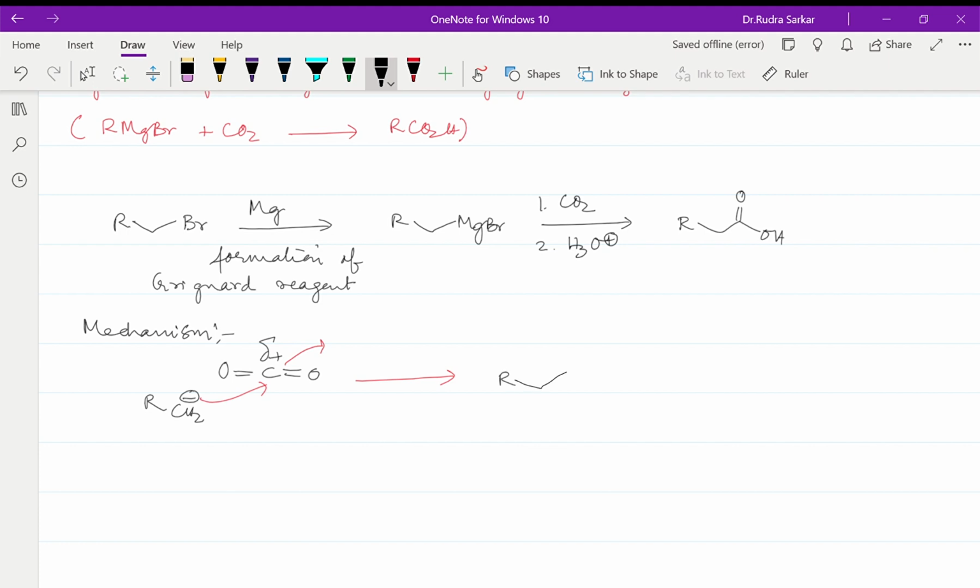And then we have this unit being formed in the reaction mixture, where we can see that a new C single bond C bond is being formed, and this, once we treat with the acidic workup, that is the hydronium ion, is going to take up the proton and eventually lead to the formation of the product.